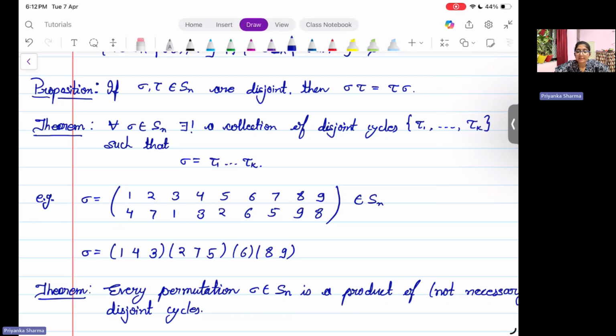And this product is unique up to reordering. So we can say that for all sigma belonging to Sn, there will uniquely exist a collection of disjoint cycles, say tau 1 up to tau k, such that sigma is the product of these tau i's.